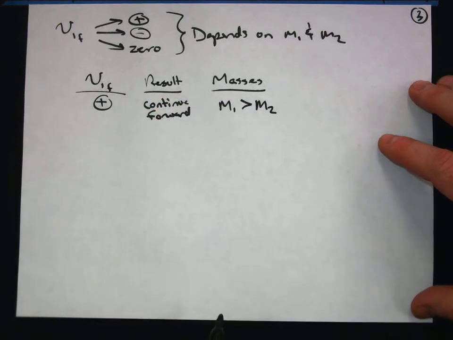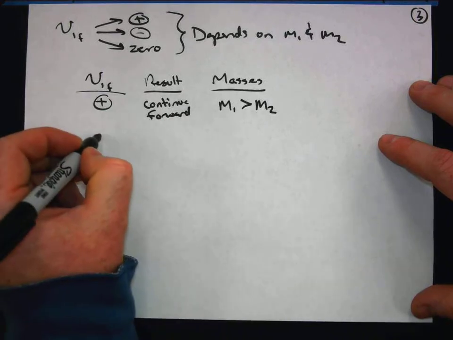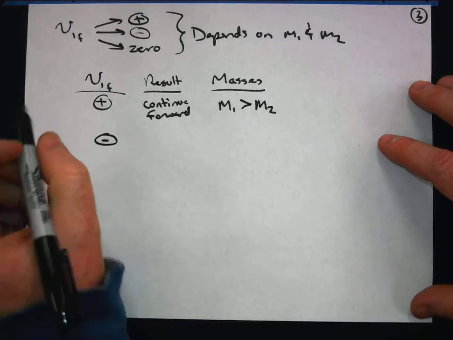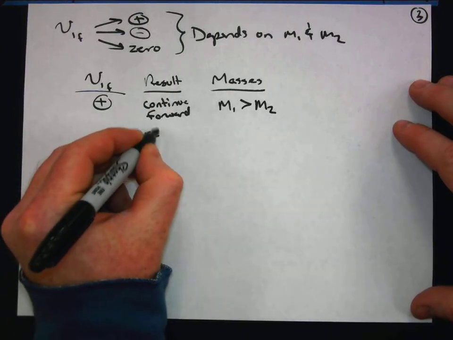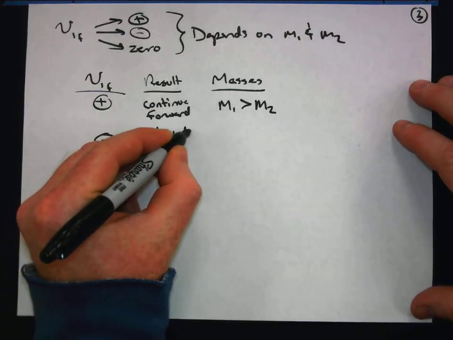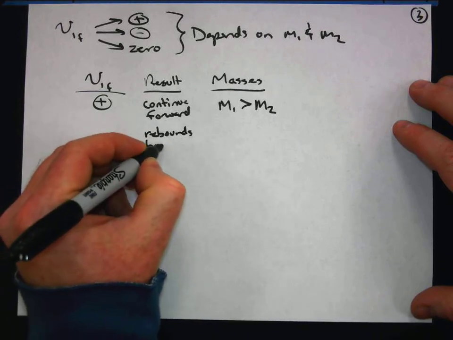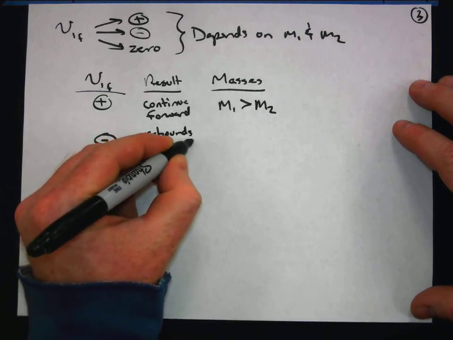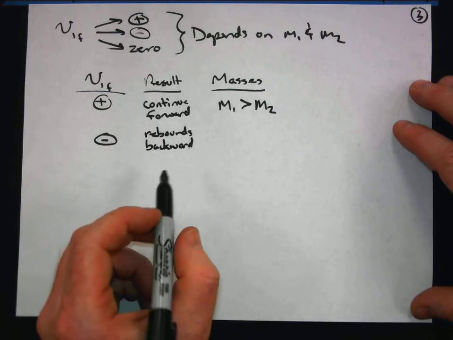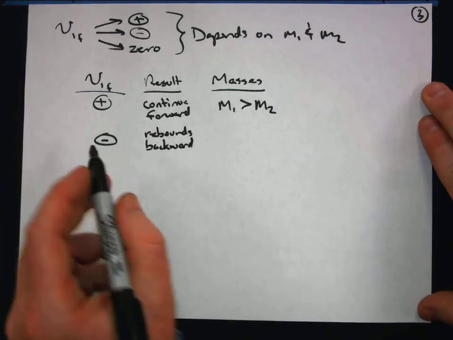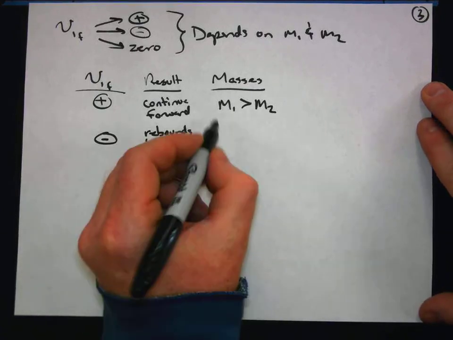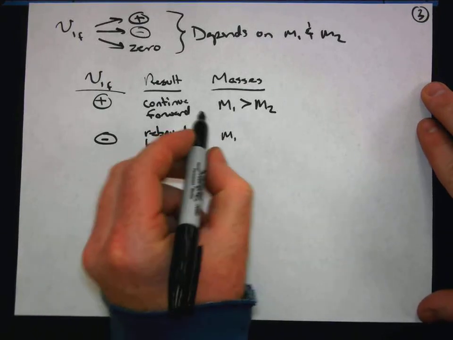Now likewise, your final velocity can be negative, and in this case the result you would observe is, you could say, it rebounds backward. In other words, it's just heading back in the negative direction, and mathematically we got a negative answer for that final velocity. Well, this will happen if we see that m1 is less than m2.